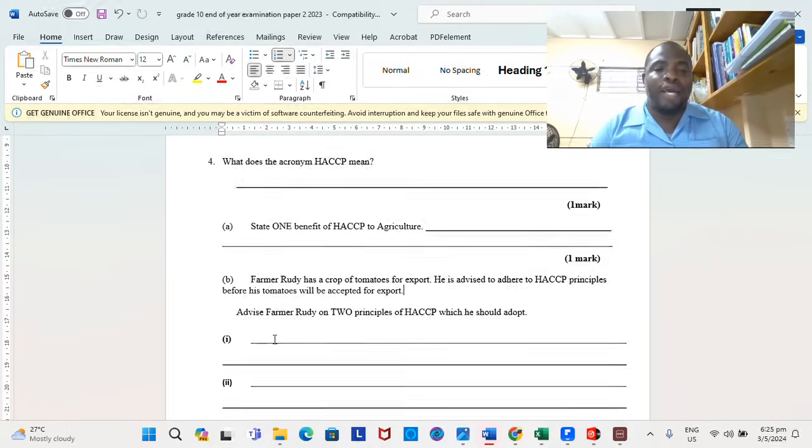So identifying hazard. Identifying hazard is one of the principles. So you're going to be looking at the process of moving or packaging, while you package this tomato, where is it possible for you to have some form of contamination or hazard, whether it be chemical, biological, or physical, that will basically cause harm, that is hazardous to creating a product that is not going to be fit.